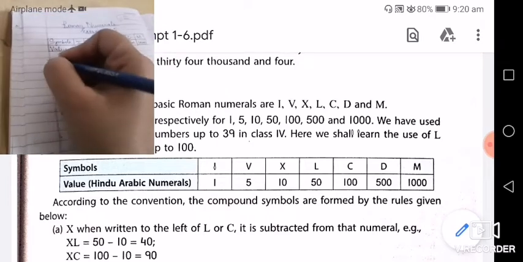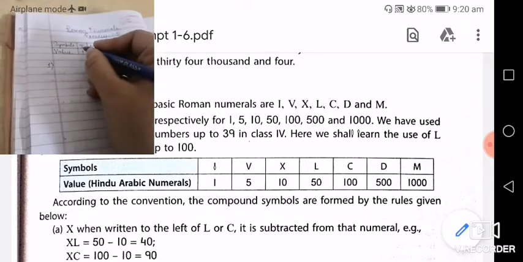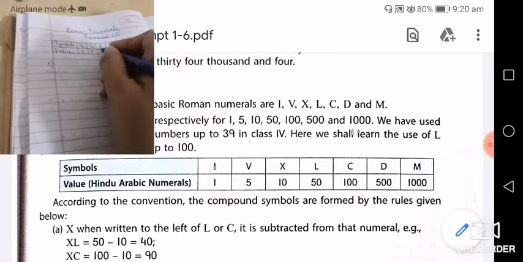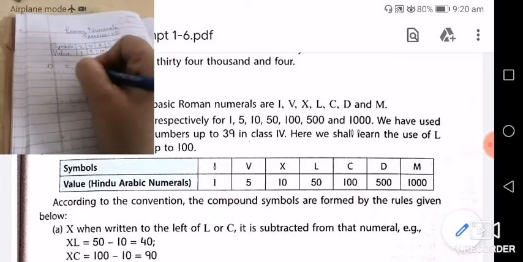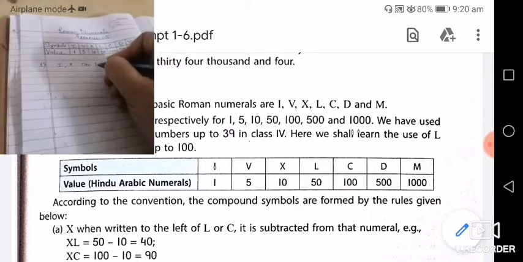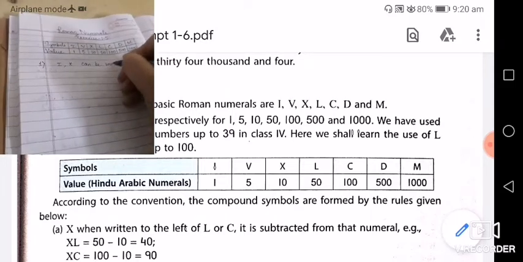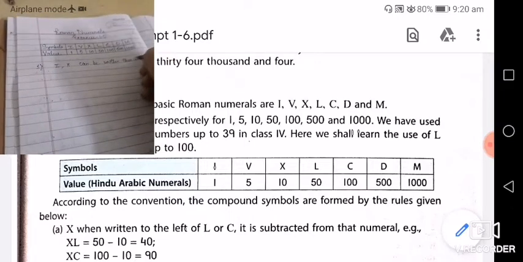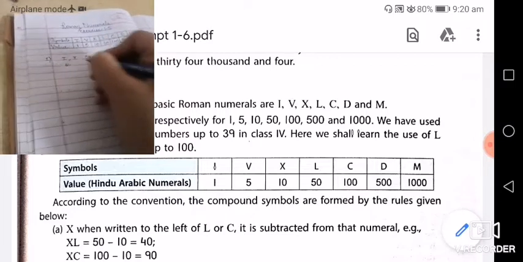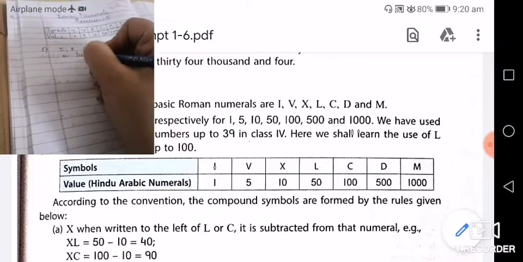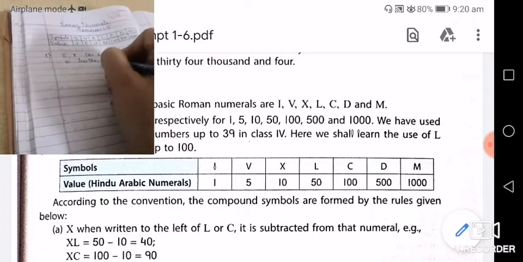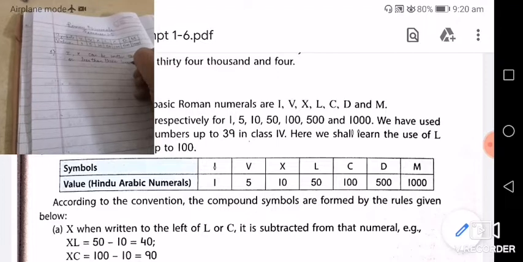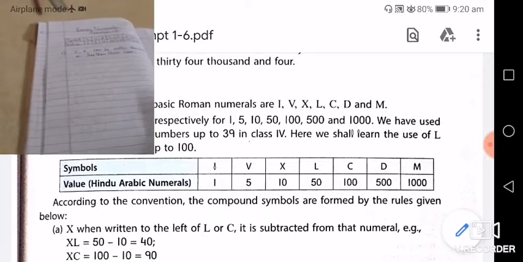The first basic rule is I or X can be written 3 times or less than 3 times. Now we cannot write I or X more than 3 times.